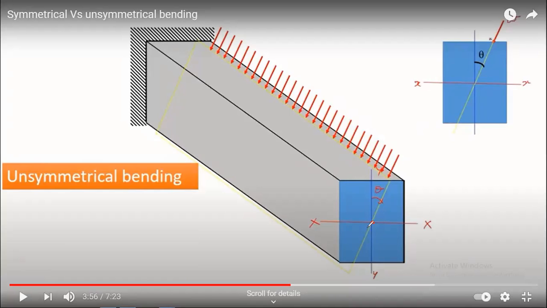Even if you apply the load with an inclination, or even if you apply the load vertically, that load will pass through the center of the section only. That is how the load transfers through the center of the section. Then the beam starts to bend. Even this inclined load is passing through the centroid of the section. Understand?